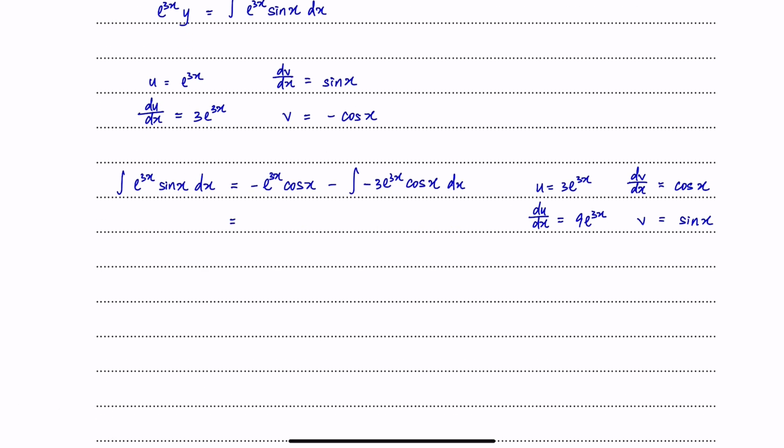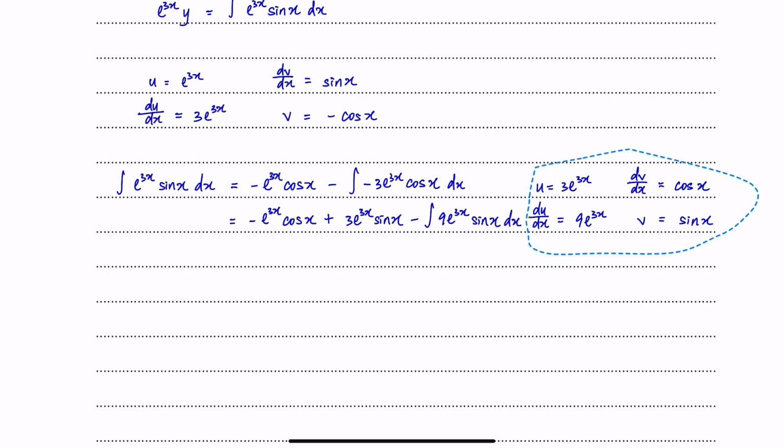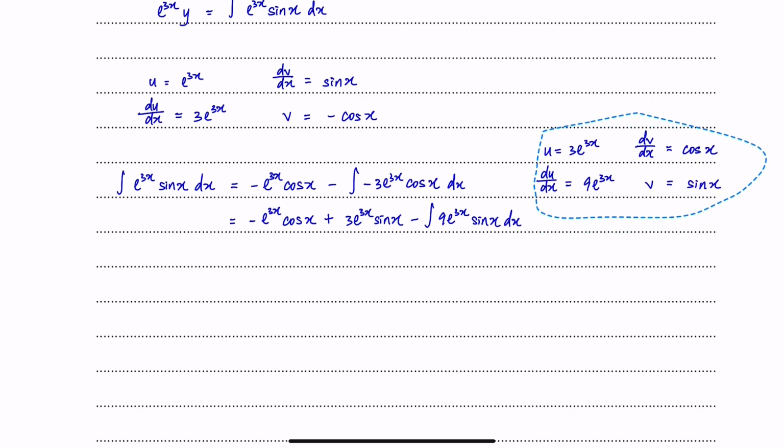So this is equal to negative e to the 3x cos x plus 3e to the 3x sine x minus the integration of 9e to the 3x sine x. Let me move this away so that we don't get confused.